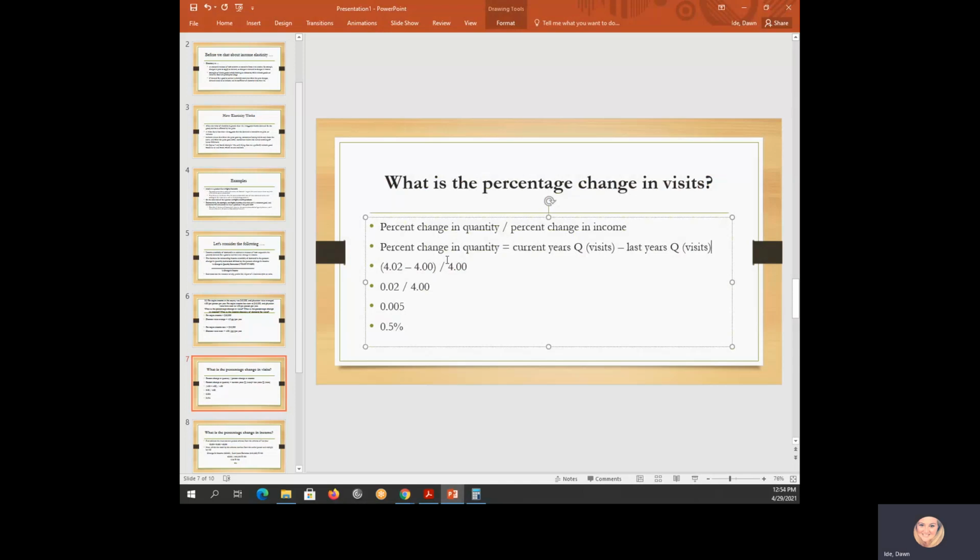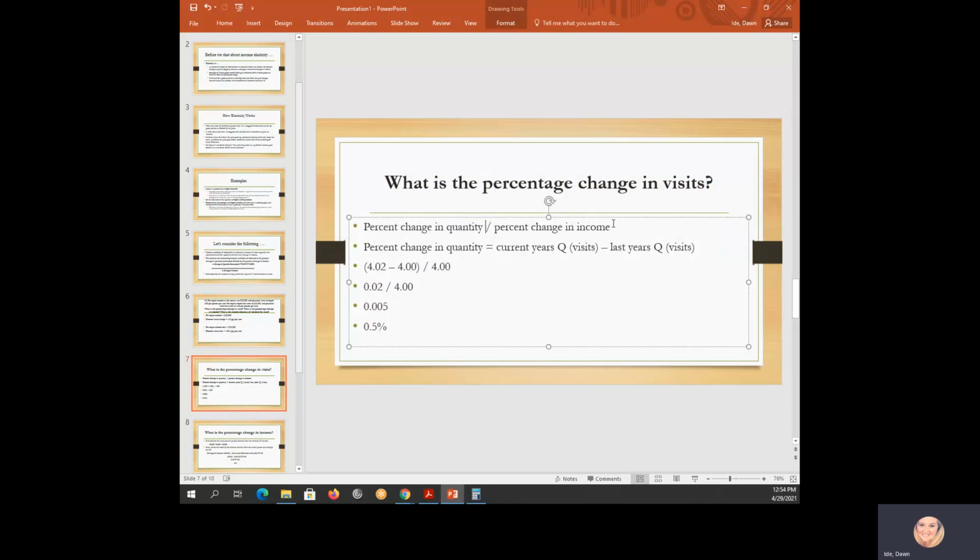Then you just divide that by the percent change in income. Actually, let me take this away for now. Percent change in quantity divided by, because I did something where I moved ahead too quickly.